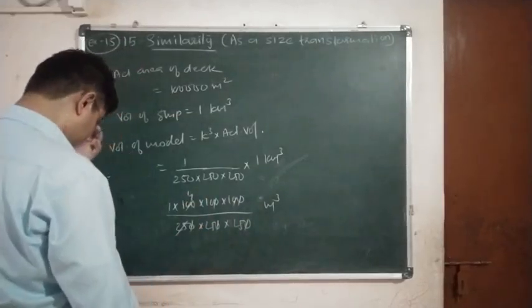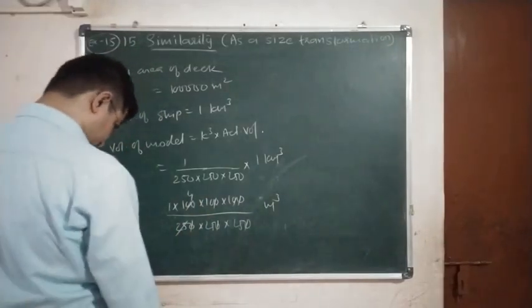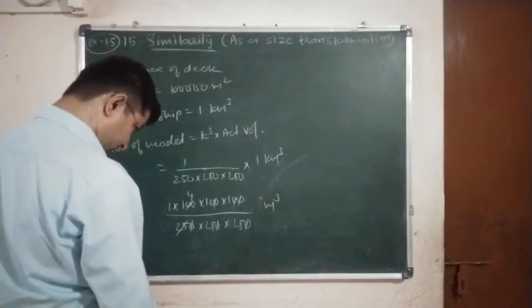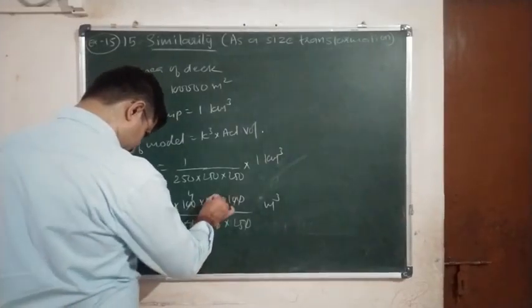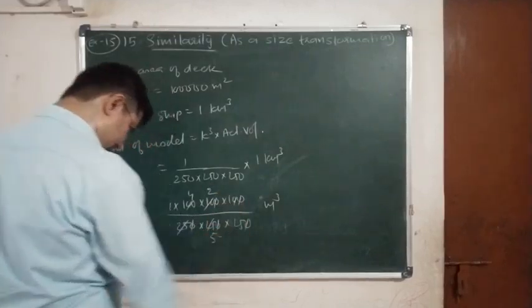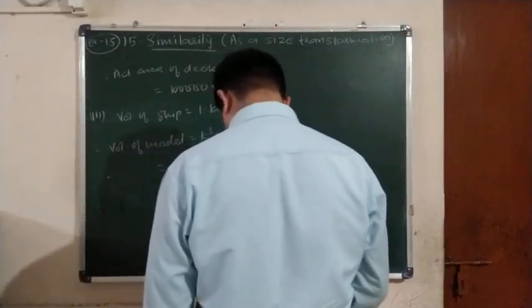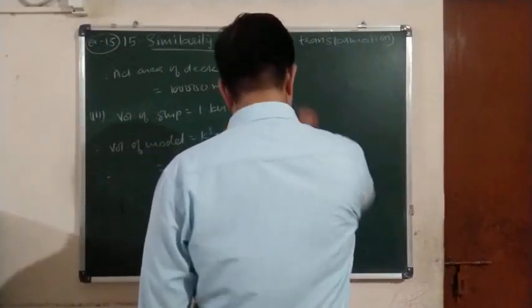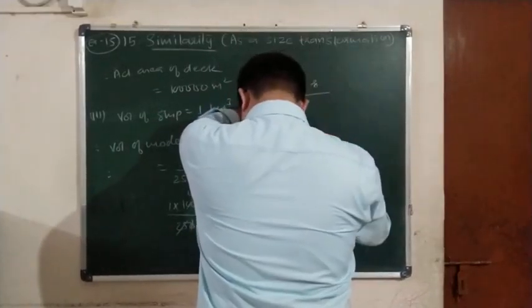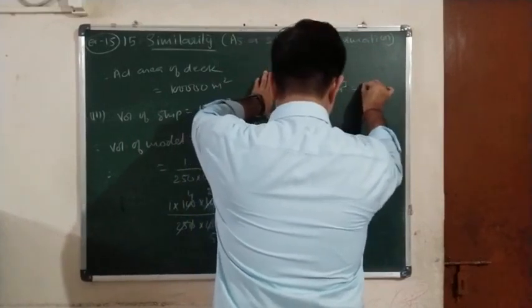Clear? And then we can reduce by 5. Okay, 5 2s are 10, 5 5s are 25. So 4 2s are 8. Yes or no? So 4 2s are 8 upon 25 5s are 125 cubic meters.